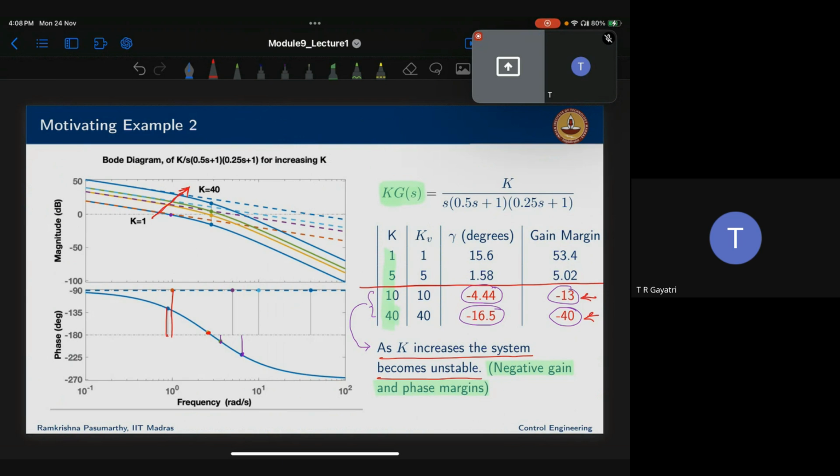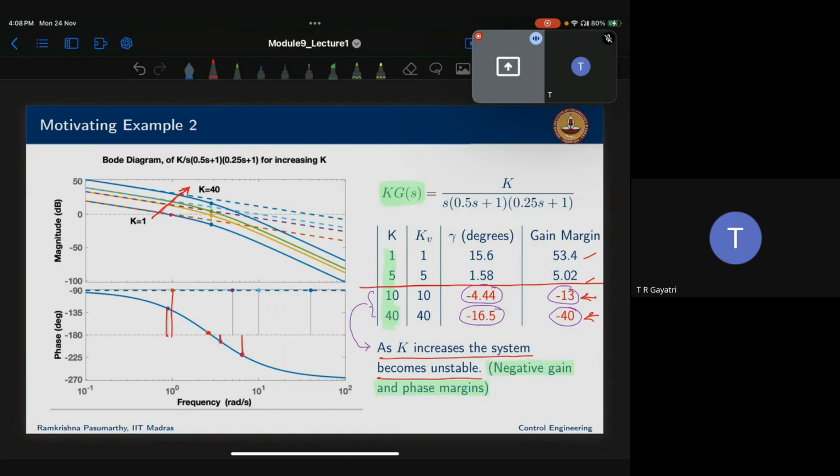Later you could see they are decreasing, so they are becoming negative. The gain margin is initially 53, next 5.02. So 53 means what? From here you could calculate values.